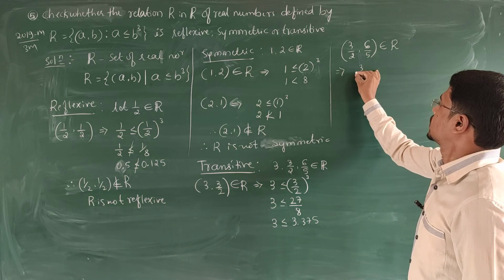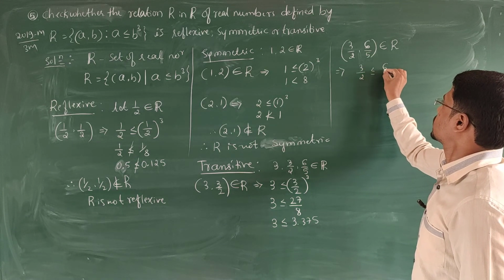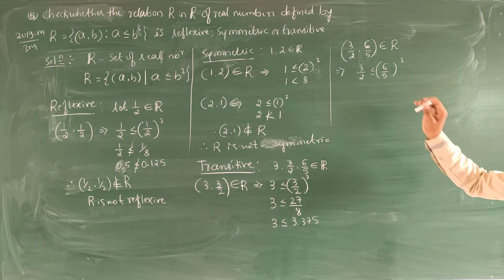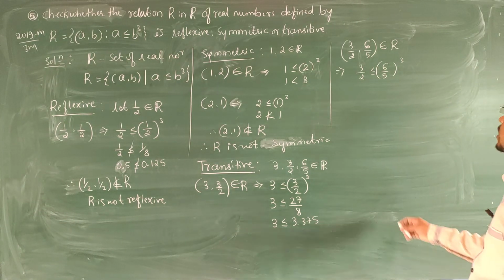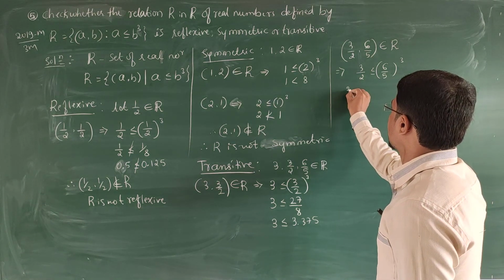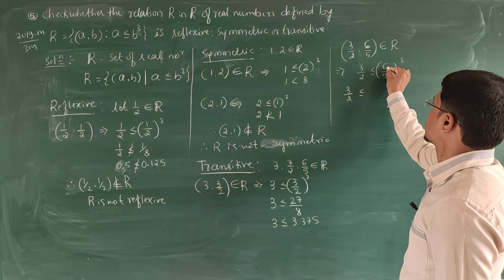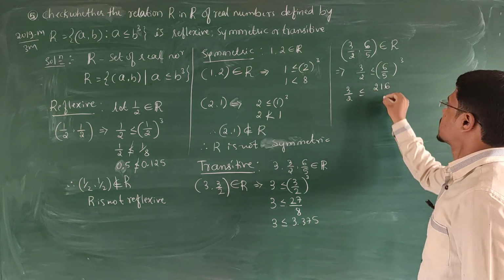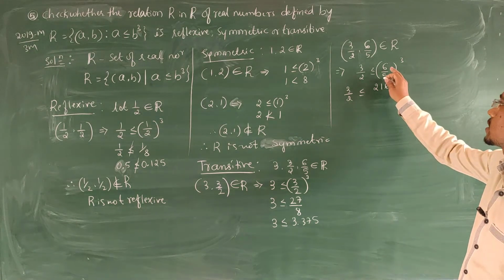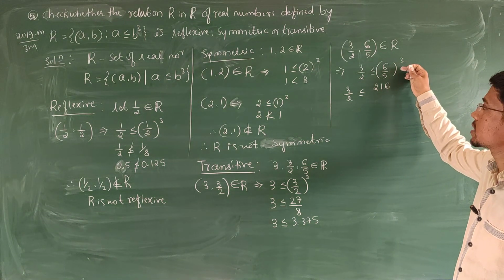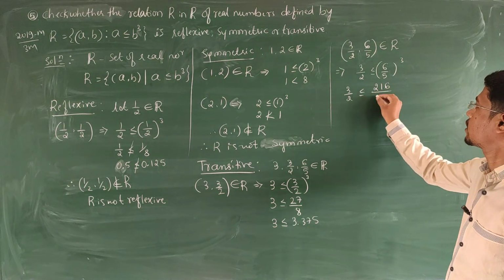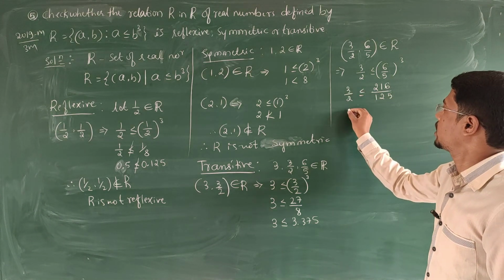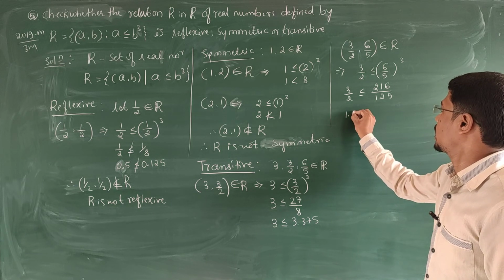Check once. 3 by 2 less than or equal to 6 by 5 whole cube. a is less than or equal to b cube. 6 cube is 216, divided by 5 cube, which is 125. 3 by 2 is 1.5.